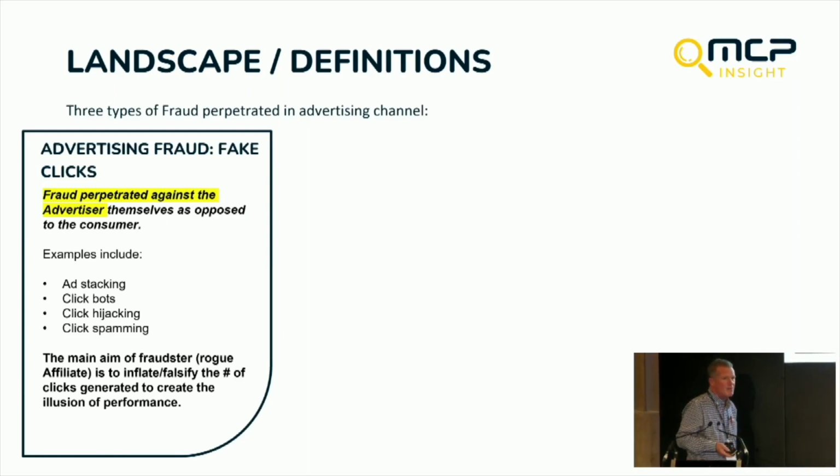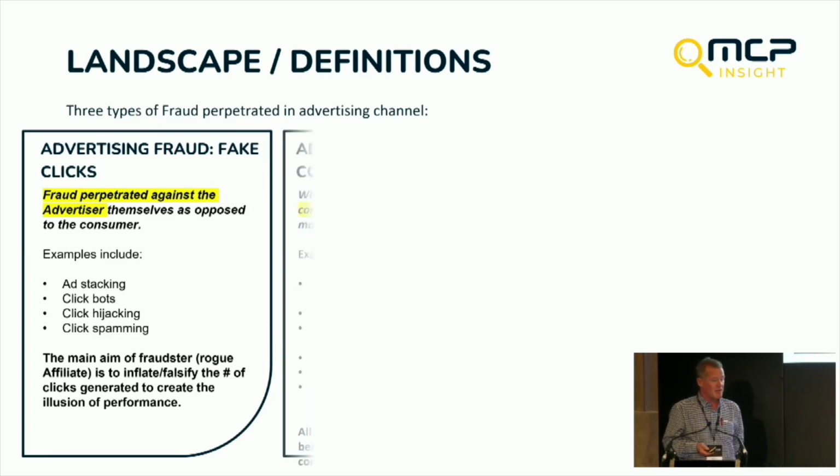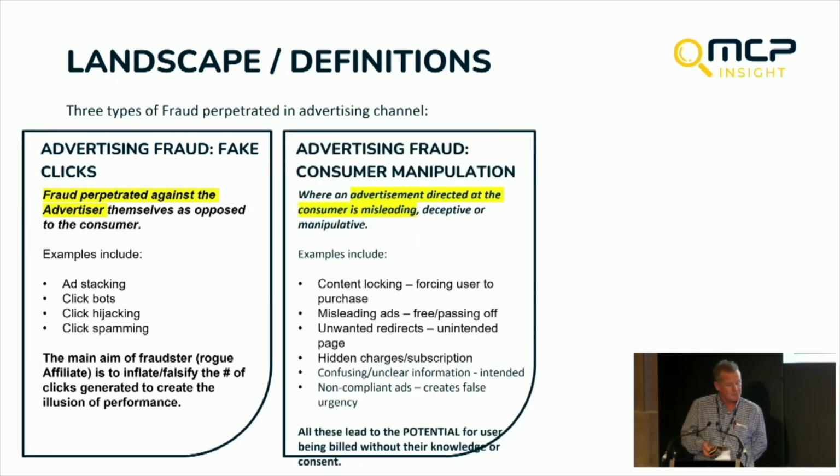The main aim for the fraudster, or generally the rogue affiliate, is to inflate or falsify the number of clicks generated in order to create more money for themselves illegally. In other words, just giving the illusion of better performance than they're actually doing.